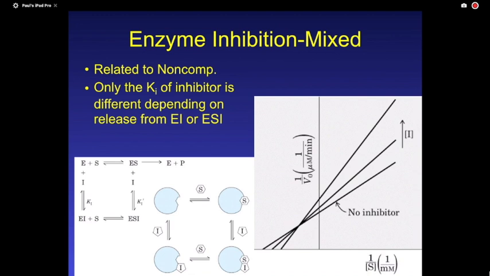Okay. In this case, if you draw your experiment and you plot it, is it competitive? Well, at this moment in time, most likely if I was the teacher and you were in the lab, I would make you redo it. Okay? Because it doesn't have an intercept at either the Vmax or the Km, which is what I would expect.